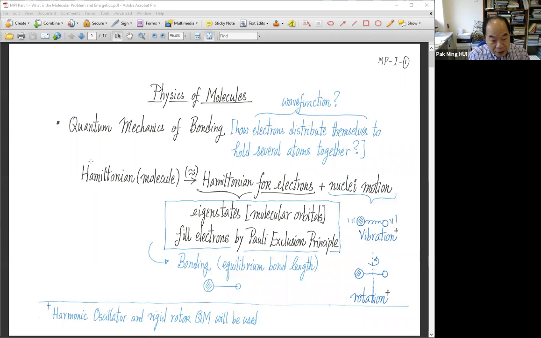The problem is we have a rather complicated Hamiltonian, but we know how to write it down. I will show you 20 pages later what the Hamiltonian is. The Hamiltonian consists of electrons and nuclei.